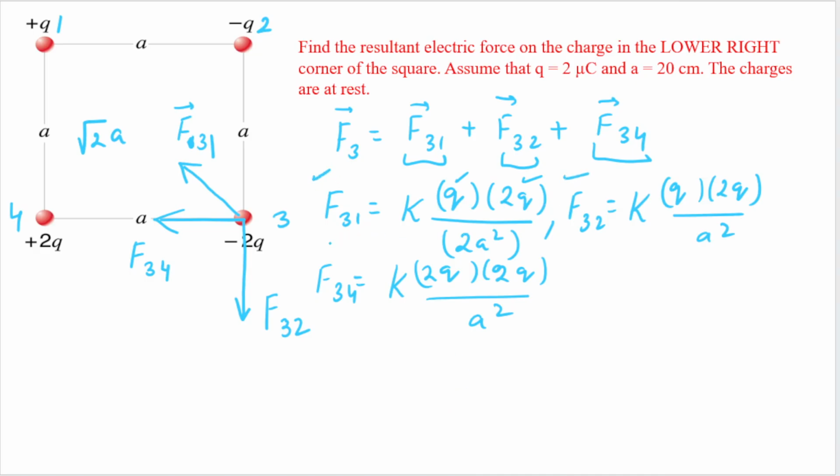F31, F32, F34 are just the magnitudes. They are not vectors. So let us include that information now.